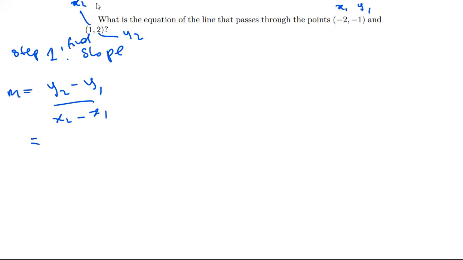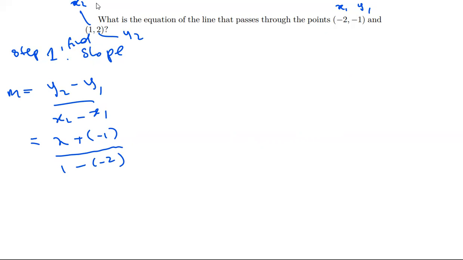And that is y2 is 2 minus y1, which is -1, all divided by x2, which is 1, minus x1, which is -2 again.